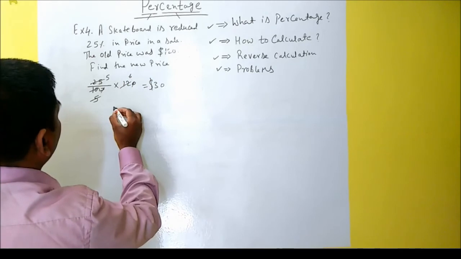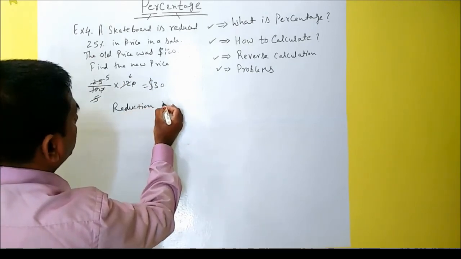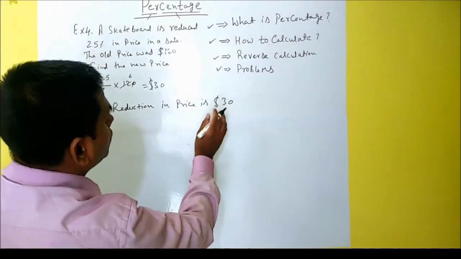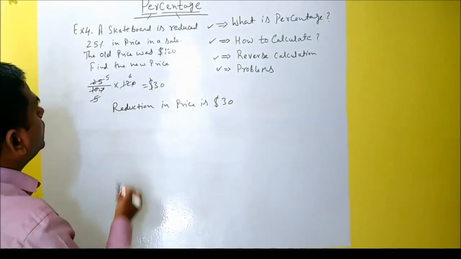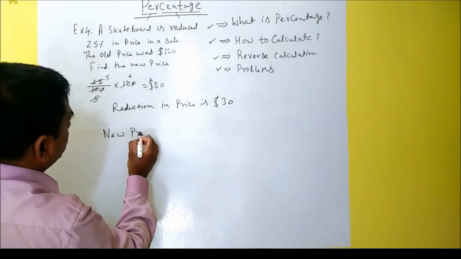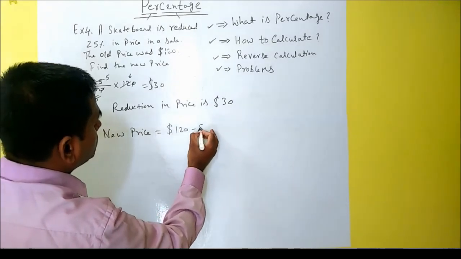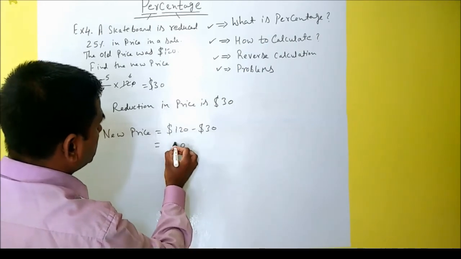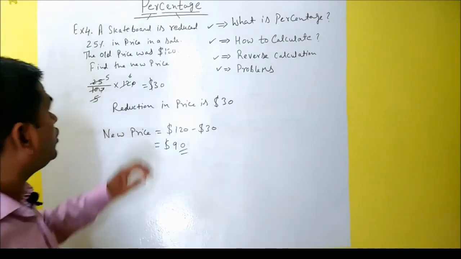The reduction in price is $30, so we have to subtract $30 from 120. Okay, that will be the new price. So we can write here new price is equal to $120 minus $30, which gives us 12 minus 3 is 9, $90. So $90 is the new price.